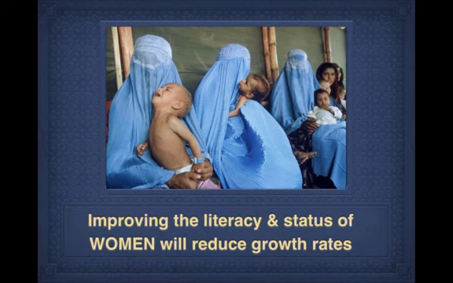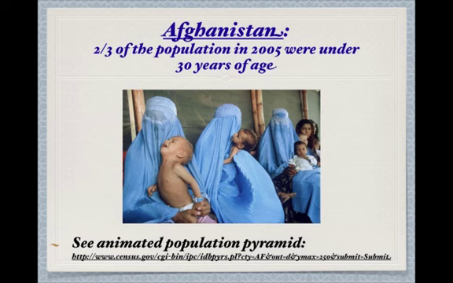Next, I'll go into the impact of improving the literacy and status of women to reduce growth rates. Afghanistan, where 2/3 of the population in 2005 were under the age of 30. That's an incredible number of youth.